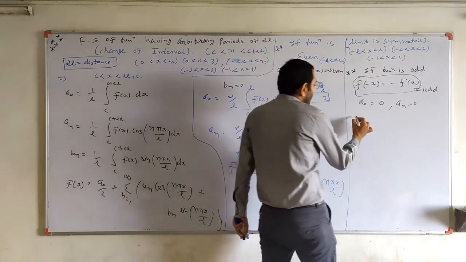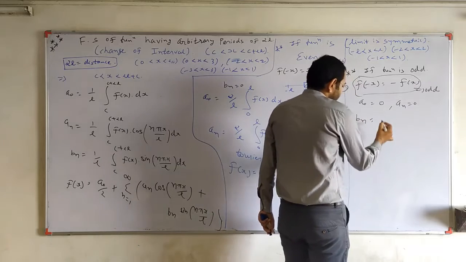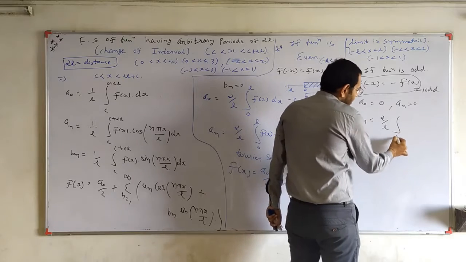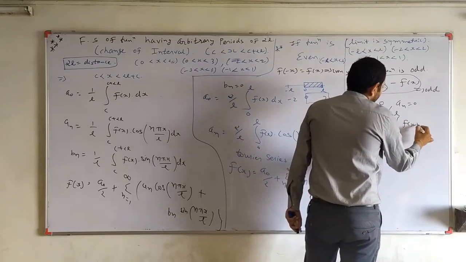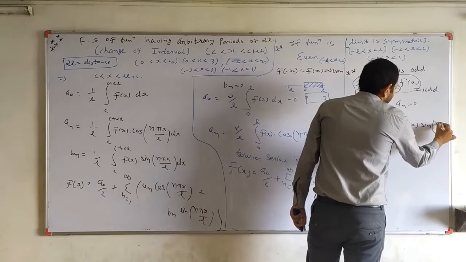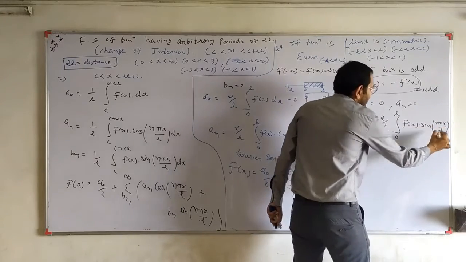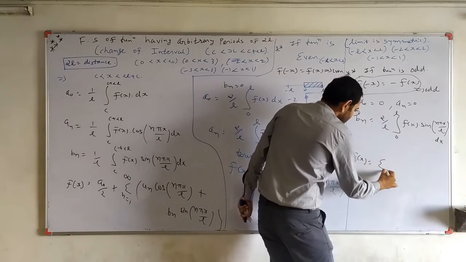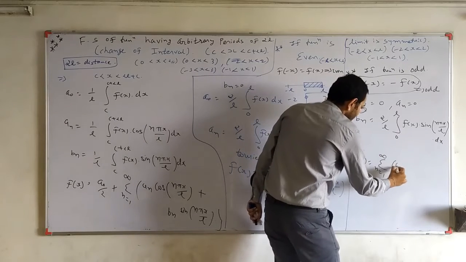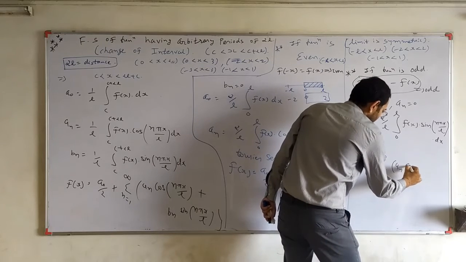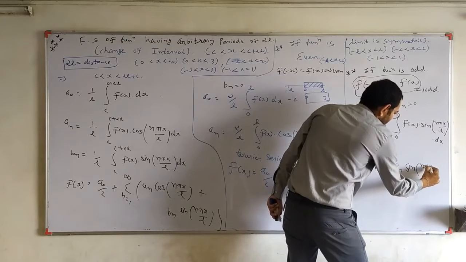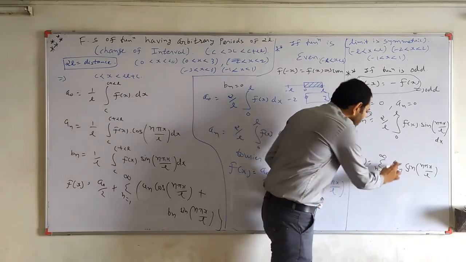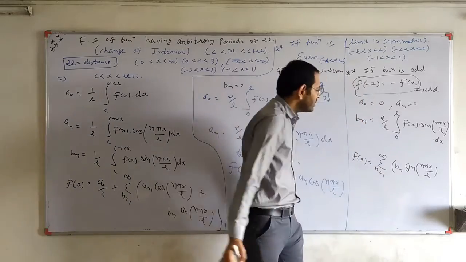We go directly to bn, and bn equal to 2 by l integral 0 to l of f of x sin n pi x by l dx. The Fourier series is summation n equal to 1 to infinity of bn sin n pi x by l. Find the value of bn and just substitute it in this formula.